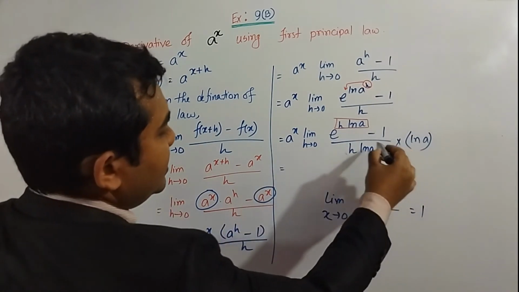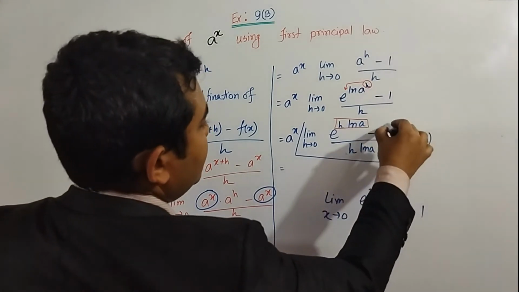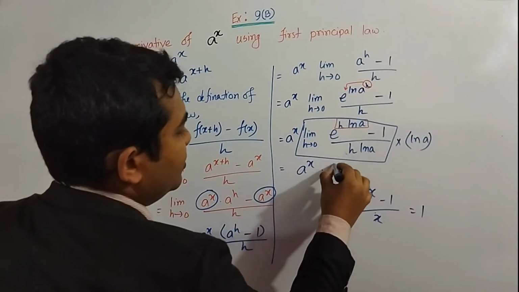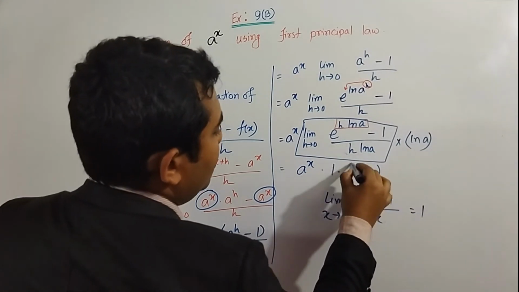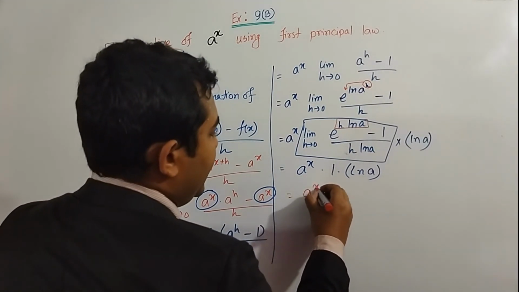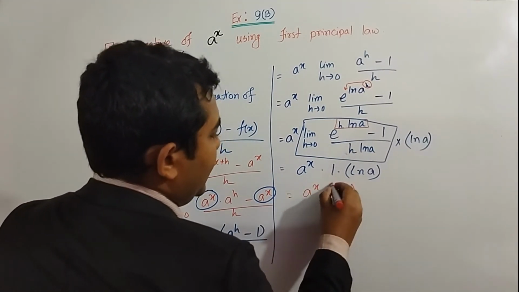We can write this part actually gives 1. So a to the power x into 1 into ln a to the power x into ln a. So finally we'll get a to the power x into ln a.